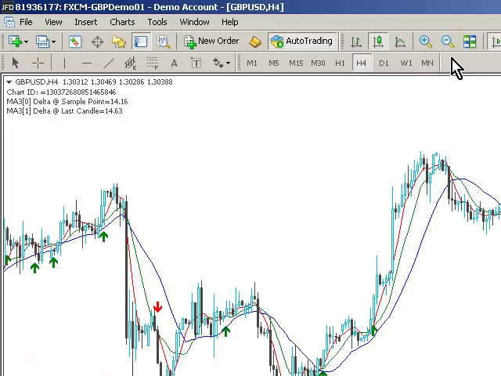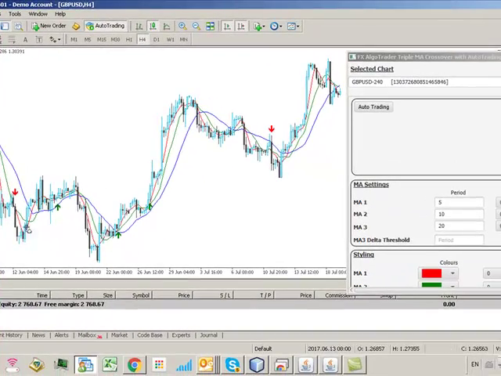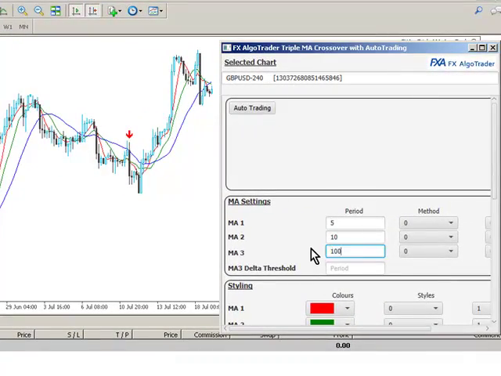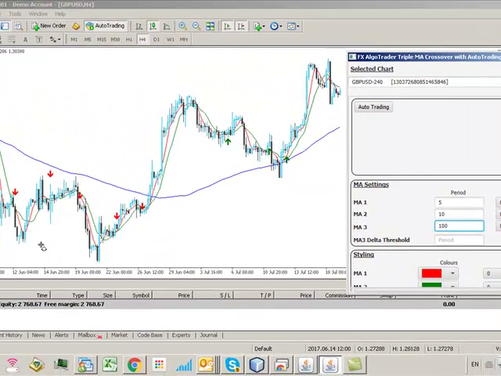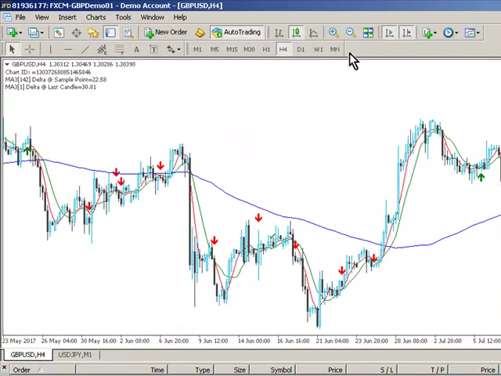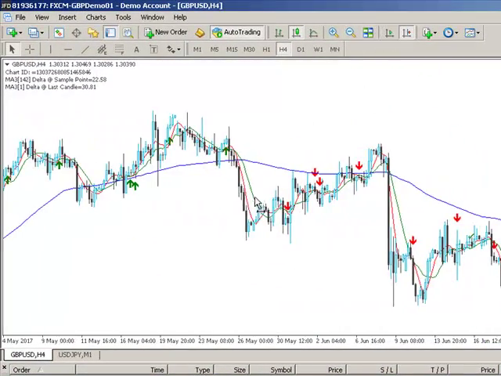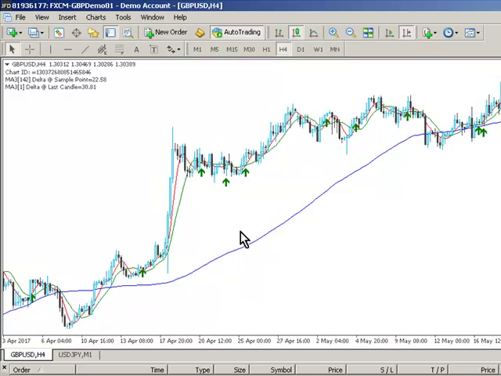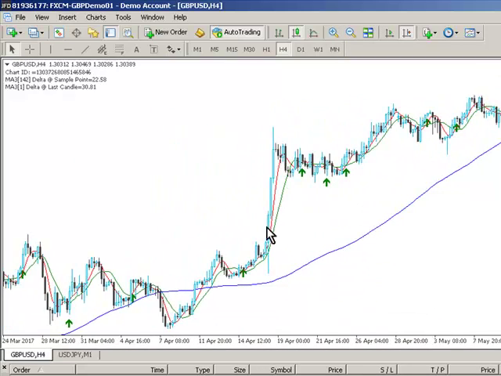Find an area you like the look of where the long-term moving average, in this case we're using 20 on this one, so let's go to 100 again. Find an area where you like the profile of that moving average, you like the look of the trades, or the indications of trades, which have been triggered historically. So if you like the look of this area, just put your check sign in here.